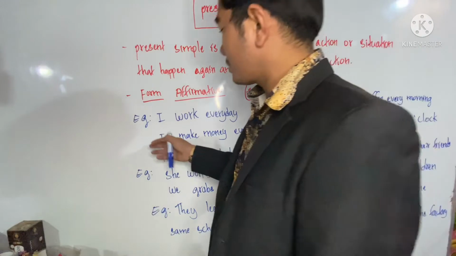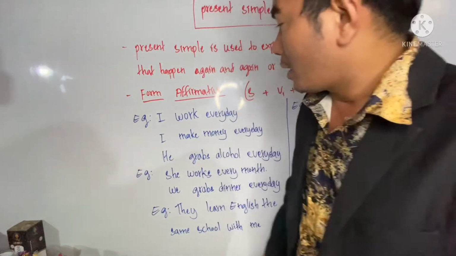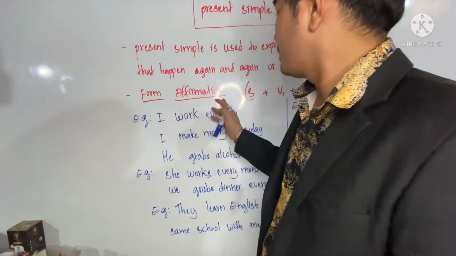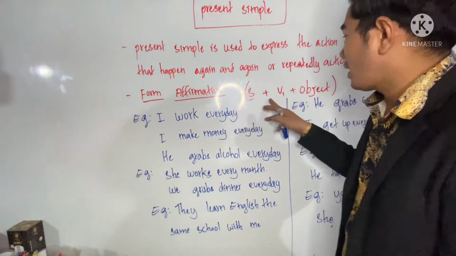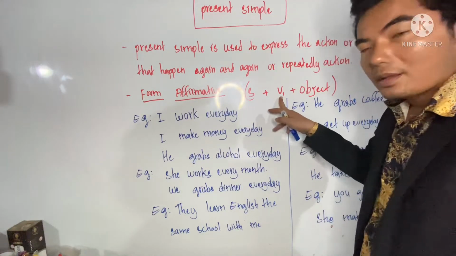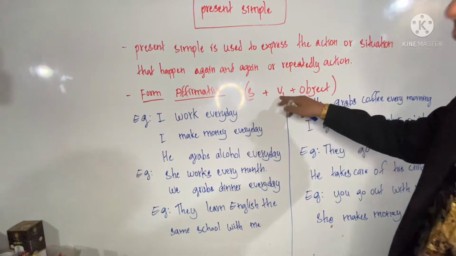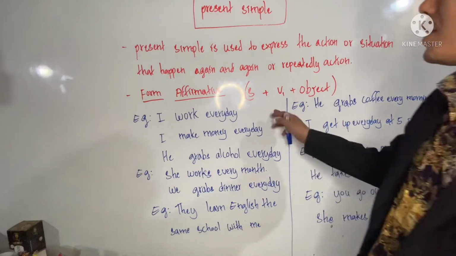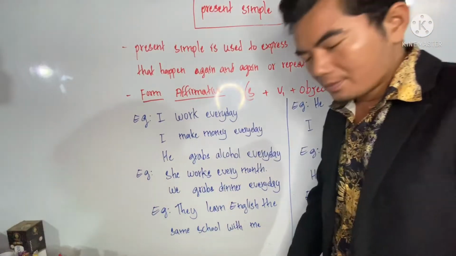Let's take an example form. Affirmative: subject plus verb 1, meaning the verb infinitive, plus object. We say present simple.